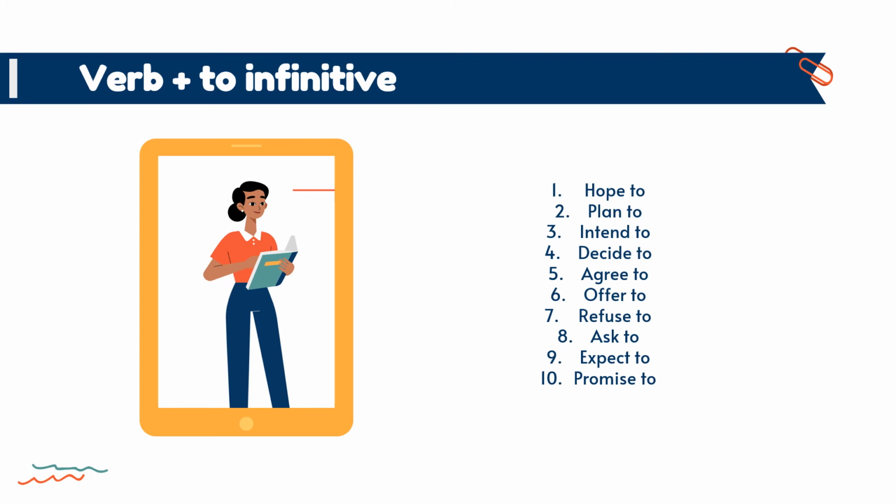For example, I promise to treat him to dinner tonight, or I expect to hear some good news from you, or I agree to come to her house today, or I plan to move to another country this year.